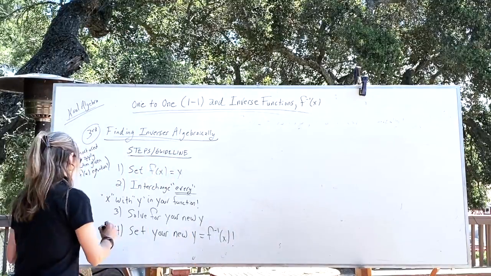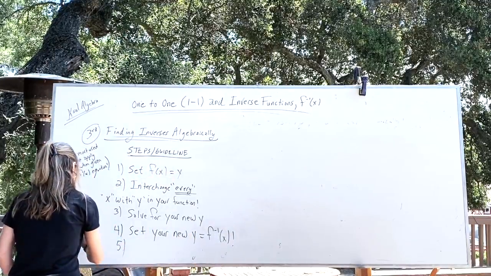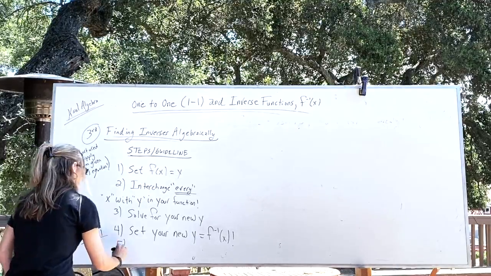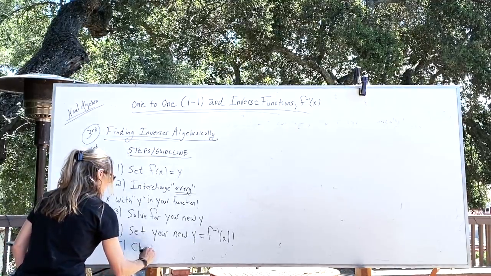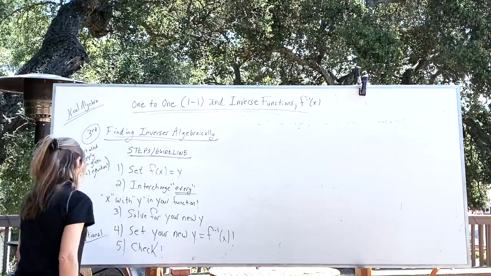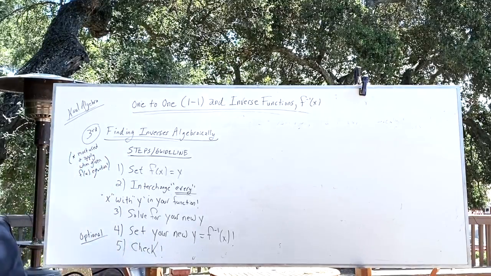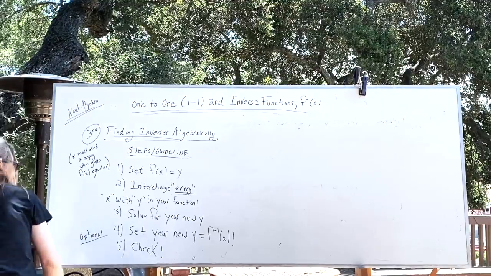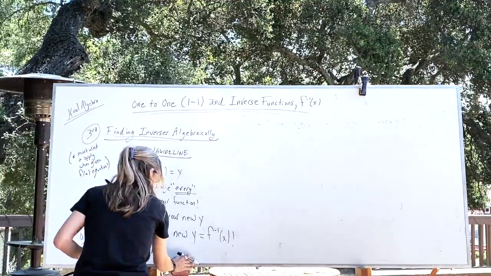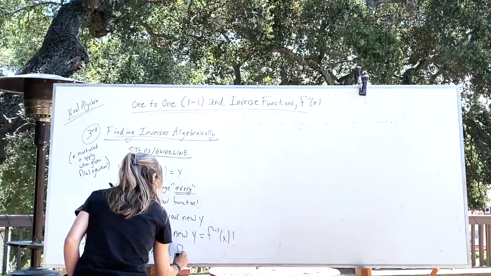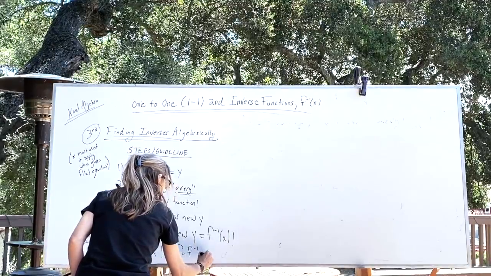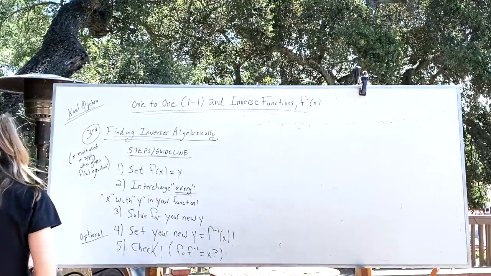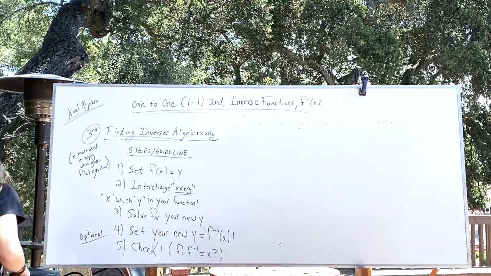And then 5, this is optional: to check. Check, in a nutshell, is does f of f inverse equal x? Okay, by using composition. Let's do an example.